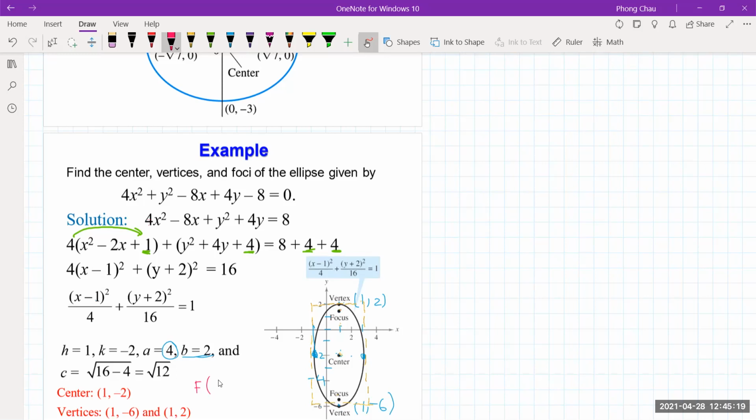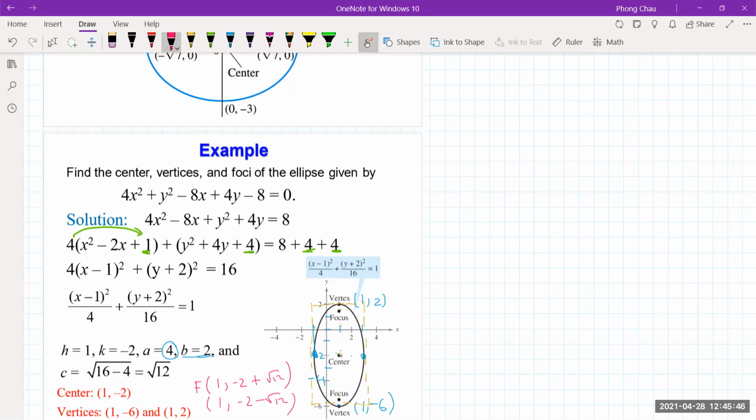The x coordinate is 1, and the y is -2 plus root 12, and the other focus is still x is 1, but the y is now at -2 minus root 12.